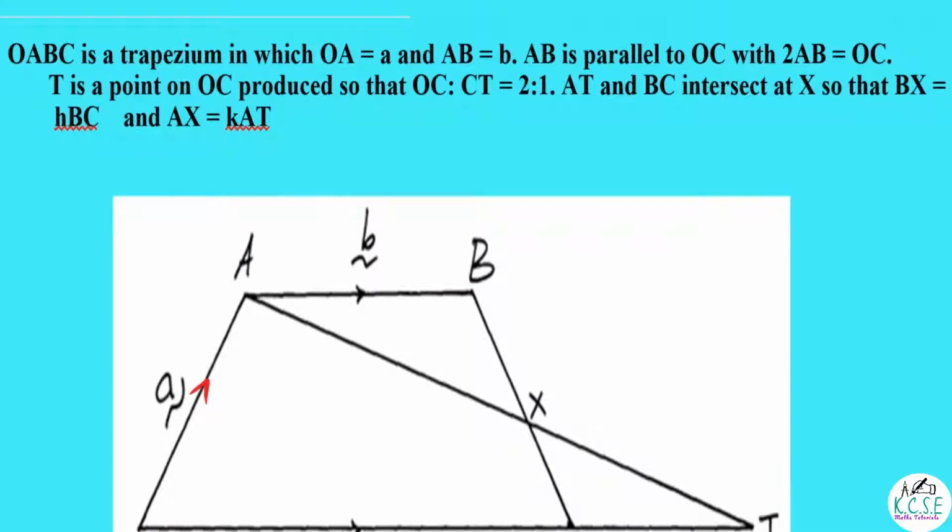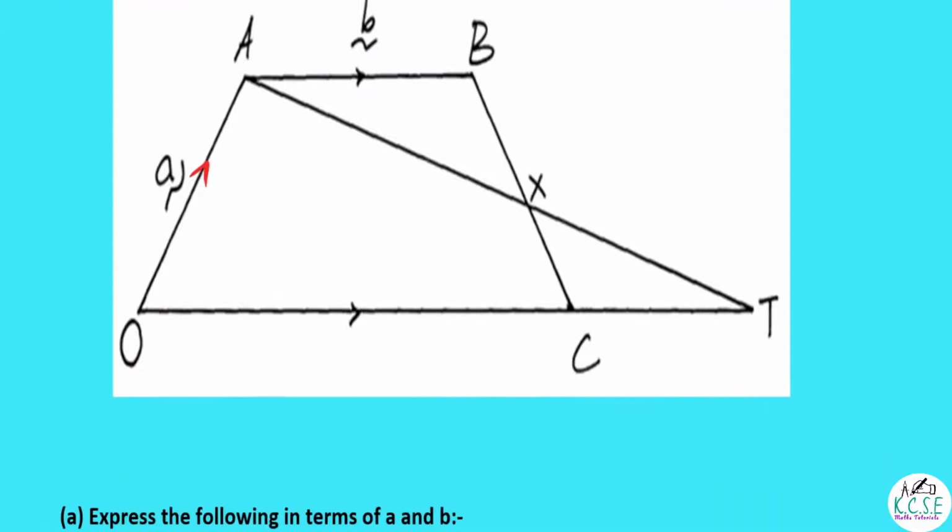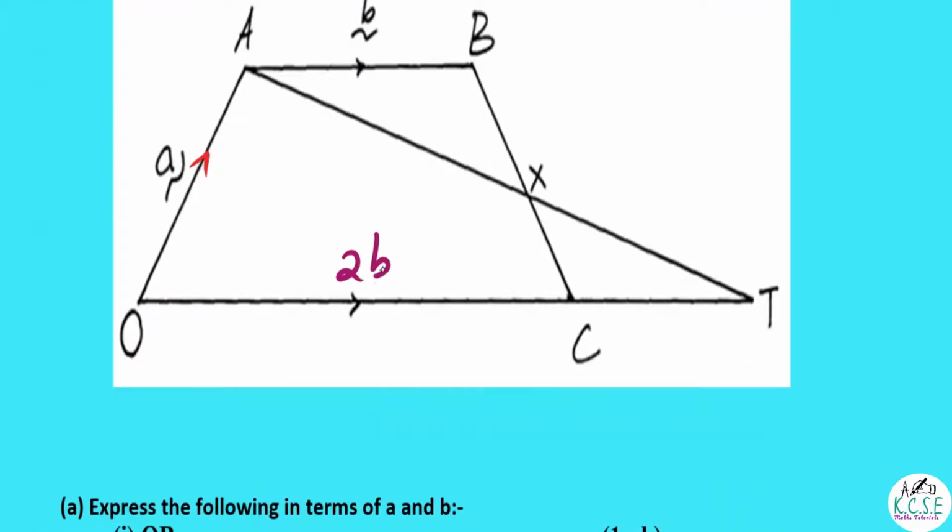Then something else we are supposed to note is that 2AB is equal to OC. Now given that AB is B, therefore OC will be given by 2B. So it's good to indicate OC here as 2B.